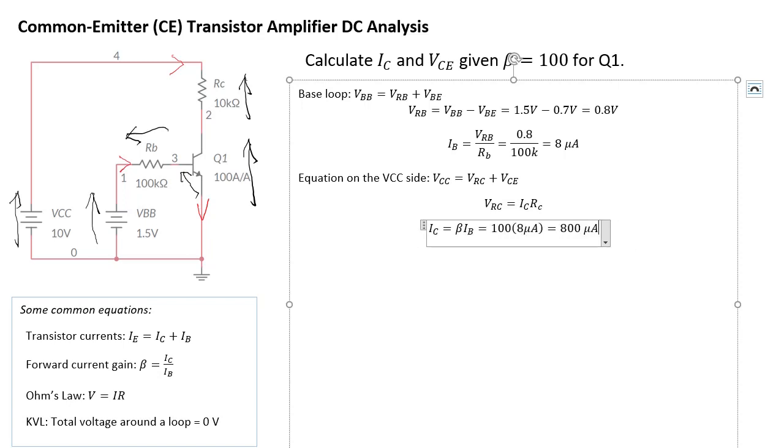Now that we know IC, we can substitute back into this equation to figure out VRC. So VRC is equal to IC, which is 800 microamps, times RC, which is 10 kilo ohms.